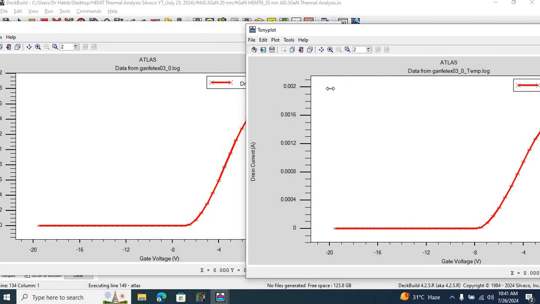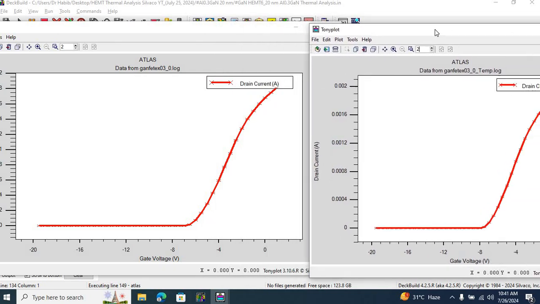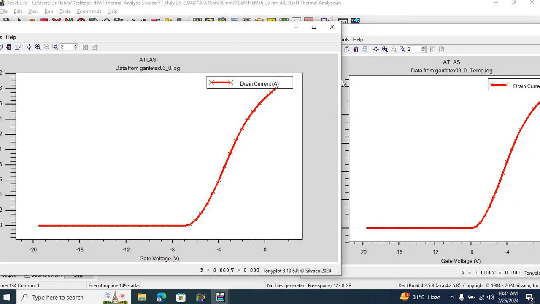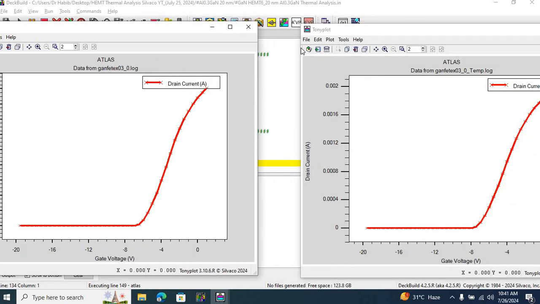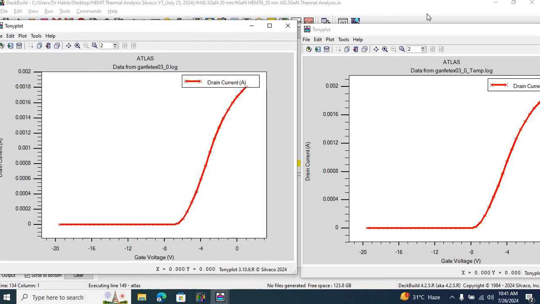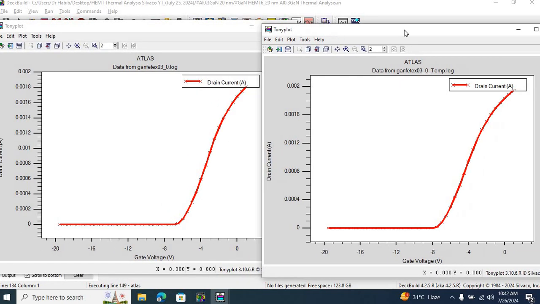So this one on the left is actually the ID versus VGS characteristic curve at a drain voltage of 5 volt without heating, and this figure on the right is ID versus VGS at a fixed voltage of 5 volts VDS with heating.